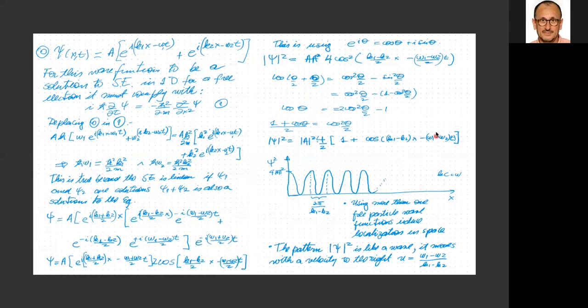Let's for the time being consider that we are evaluating this for t equal to 0. So this is 0, and so it's essentially cosine of K1 minus K2 times x. Okay, and what does this do? This whole thing in parentheses here fluctuates between 0 and 2, okay?